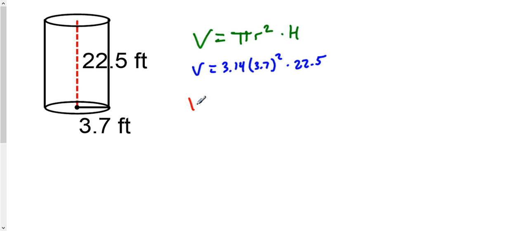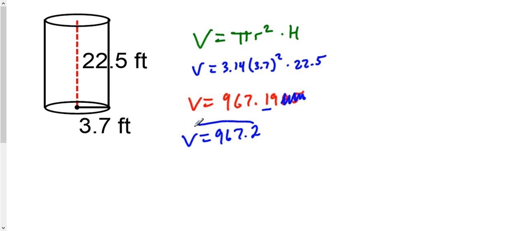All those numbers multiplied gives us 967.1985. We're going to round to one decimal place, so these numbers do not matter. The 9 causes the 1 to become a 2. Feet were our units, since it's volume, it's cubed. And that is the volume of this cylinder.